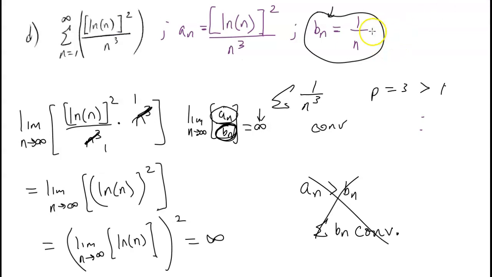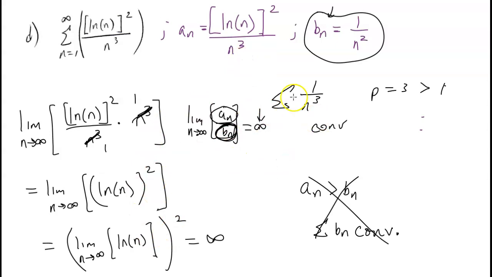If we do n squared in the denominator, I know that 1 divided by n squared will definitely be a larger number than, let's say, 1 divided by n cubed. And here, it turns out that 1 over n squared is always going to be a value larger than natural log of n squared divided by n cubed.